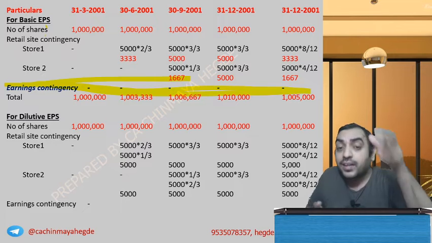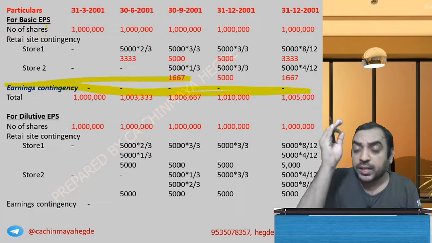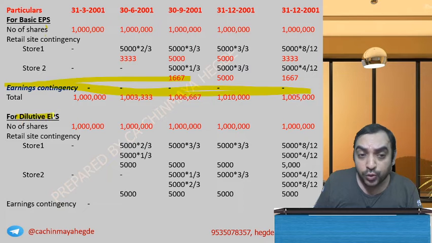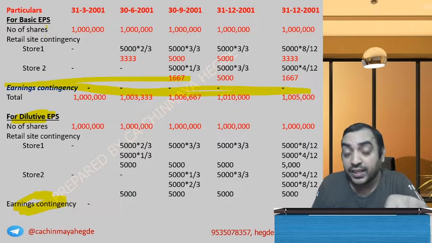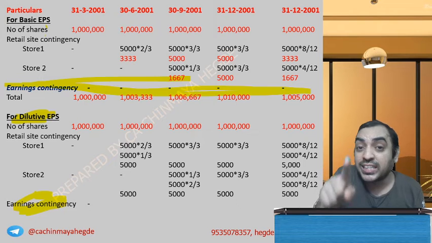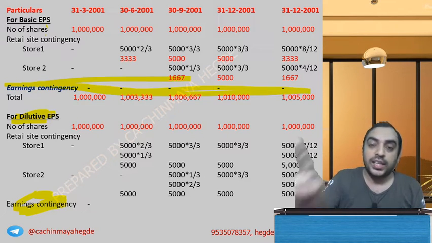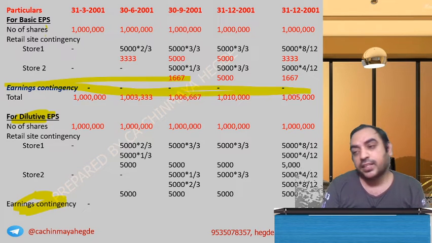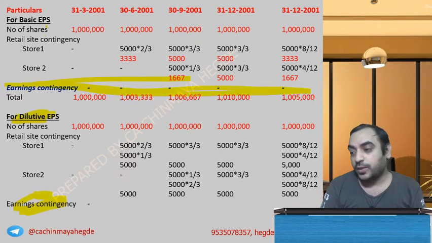No, wait for the full year. Then only is the contingency completely resolved. Are you clear on the point? I'm yet to come to dilutive EPS. The cumulative profit, the six months profit you're mentioning, will have an impact on dilutive EPS. That I'll come to. But for basic EPS, unless it is completely resolved, it should not come into the calculation. Cumulative profit does not mean completely resolved. Is it okay with you?